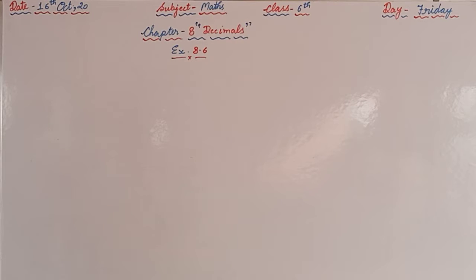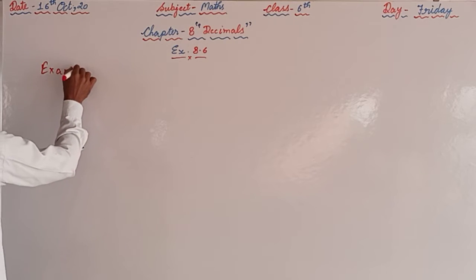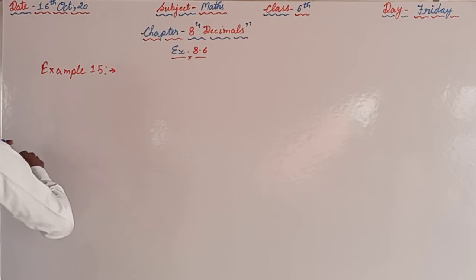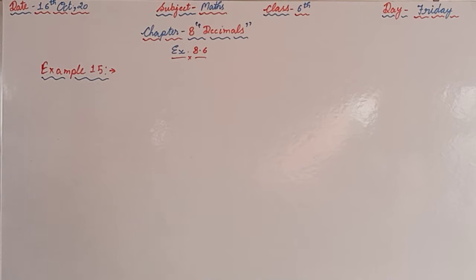So first of all, example number 15 is there. As I told you previously, whenever you are watching the videos you should have your textbooks with you, so that you can also read the question.